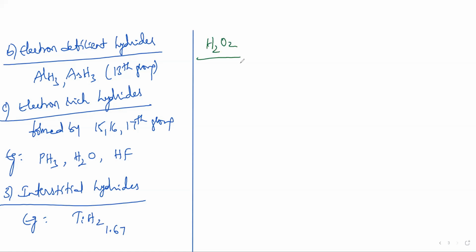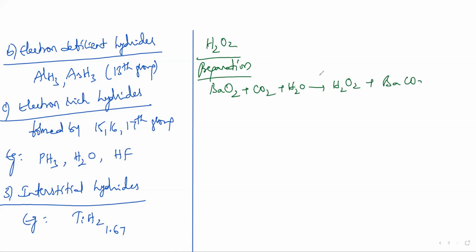Next, H2O2, hydrogen peroxide. Preparation methods. From barium peroxide, BaO2, when it is treated with carbon dioxide and water, you will get H2O2 and barium carbonate. So this is our target molecule.